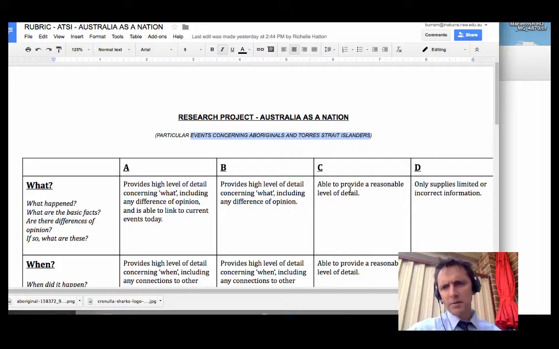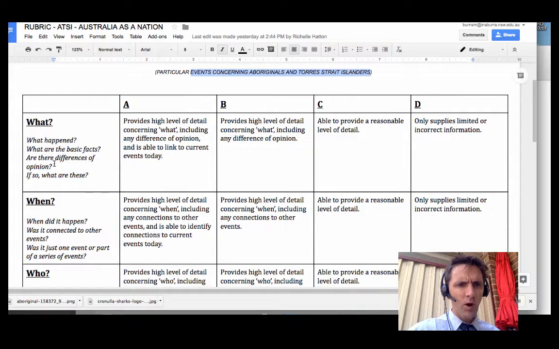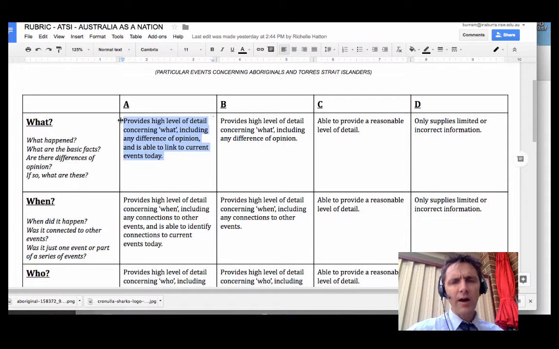Here's the rubric that we're going to use to mark your Teach Me video on your chosen topic. You can see there's a section here for what happened. What are the basic facts? Are there differences of opinion, and if so, what are these? And to get an A, you're going to need to provide a high level of detail concerning what, including any differences of opinion, because history is often not facts, guys.